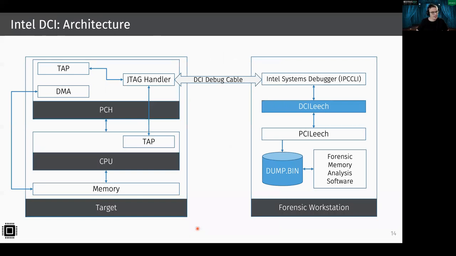So here you can see the architecture we used. On the left side, you can see the target system, and on the right side, you can see our forensic workstation. The two systems are connected via this USB-A to USB-A cable, and this is connected to the JTAG handler on the platform control hub.